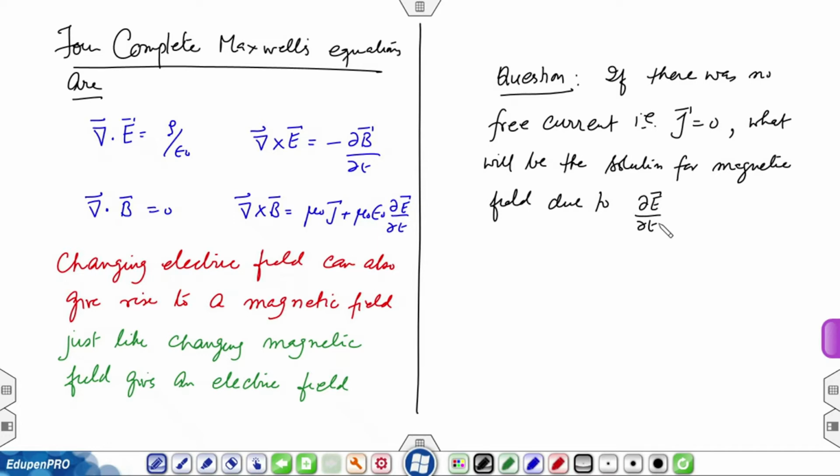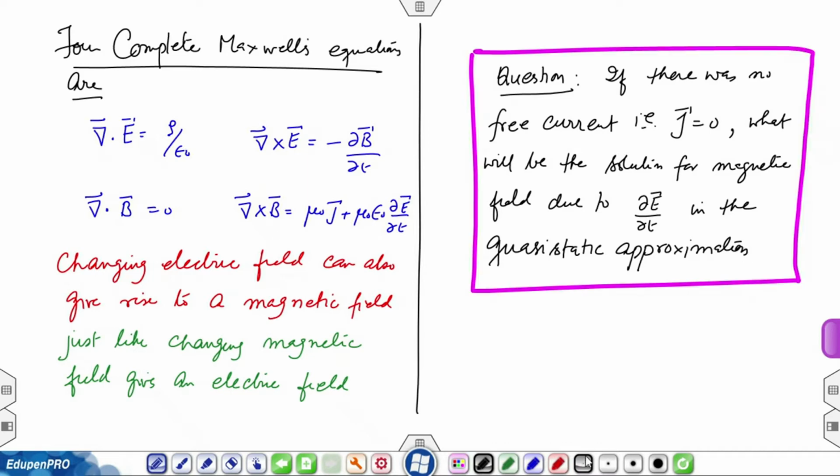And again, you have to be careful, this will be in the quasi-static approximation, which I will talk about a little more in this lecture, so that you understand it fully.